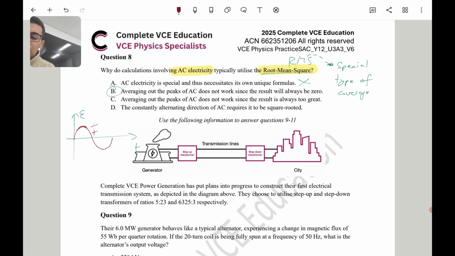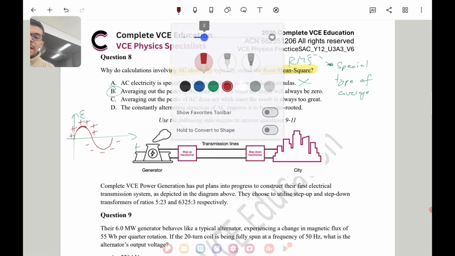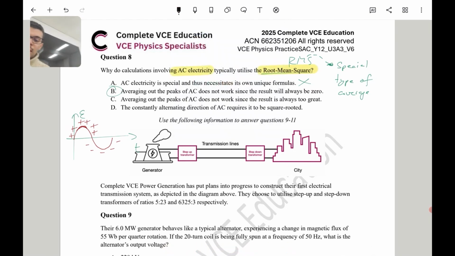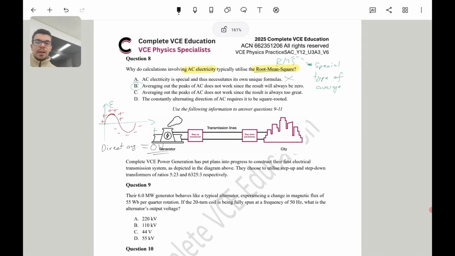And the positive voltage values will cancel out with the negative voltage values if you try to take a direct average. Okay, so a direct average will always yield 0. And that's not a useful quantity for our analysis. We can't just say that the average is 0 and use that in our calculations. That won't work. We have to therefore use a very special type of averaging procedure.